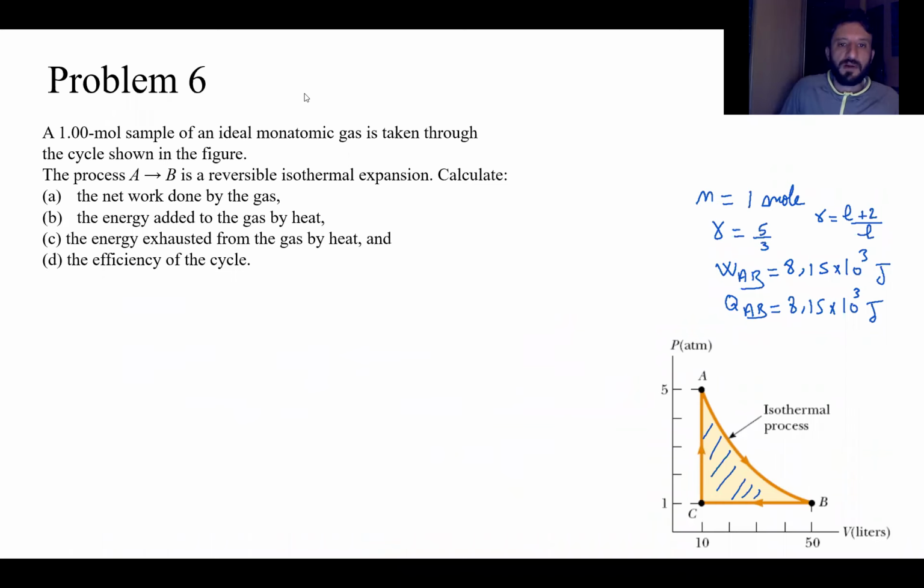Now we have to find omega BC. As BC is an isobaric process, and between B and C we decrease the volume, omega BC must be negative. As we have an isobaric process, the work is always the area under the curve.